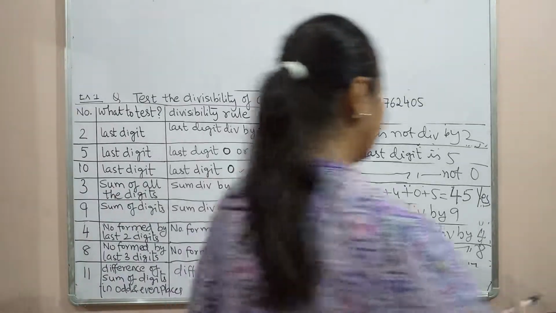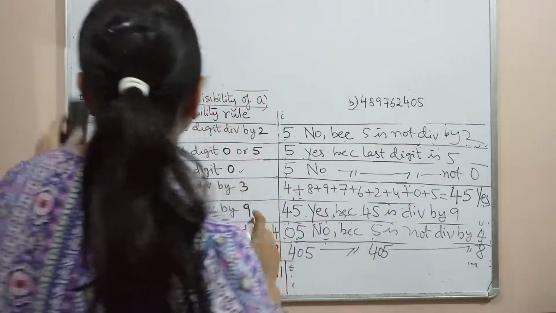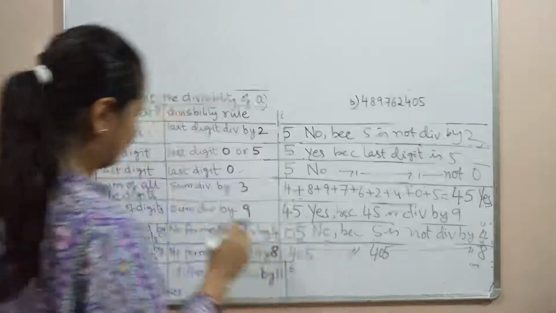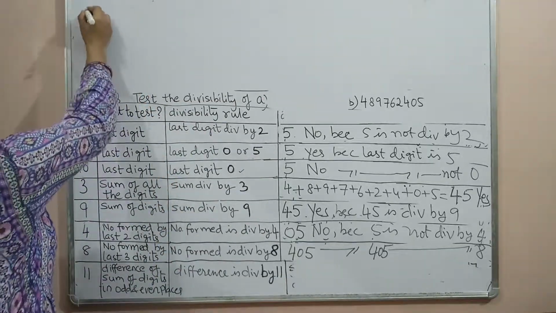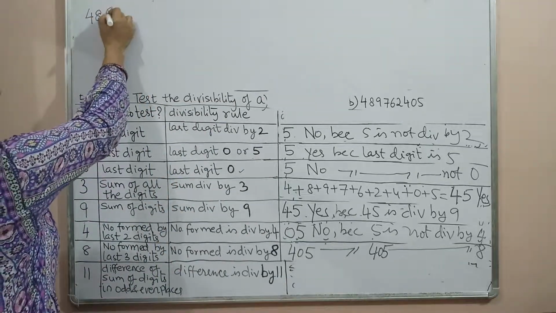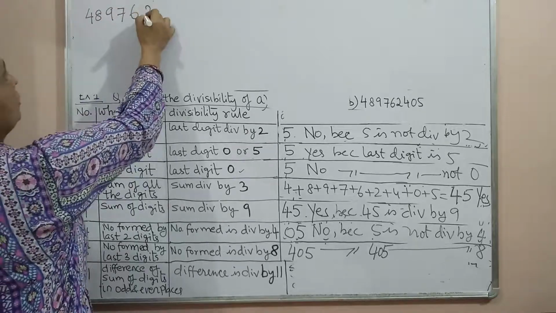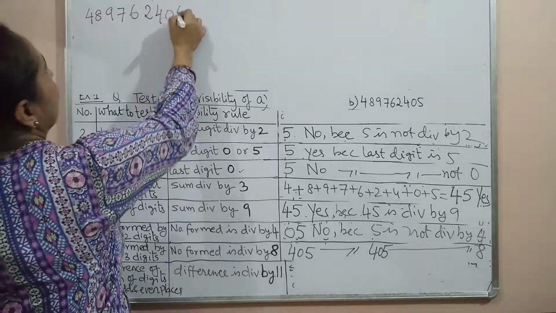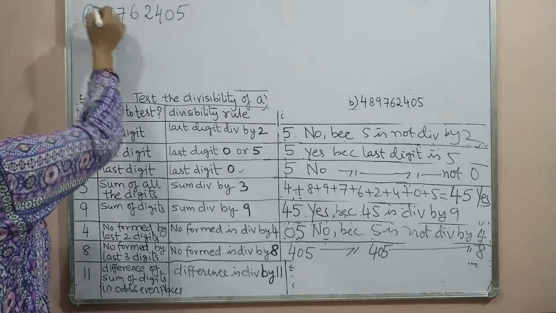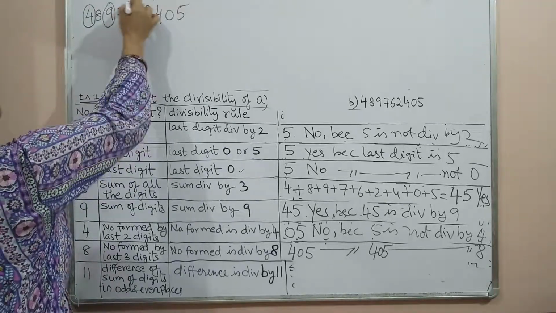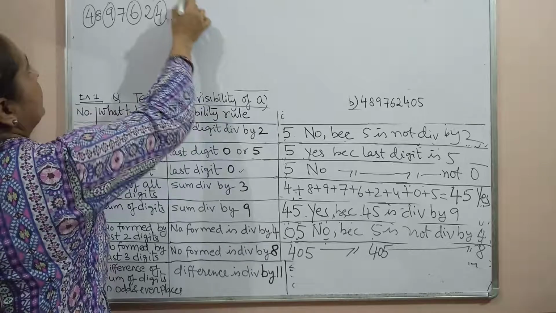Now let us do for 11. We have space here, let us utilize that. The number is 4, 8, 9, 7, 6, 2, 4, 0, 5. Now what do we have to take? First, third, fifth, seventh and ninth.